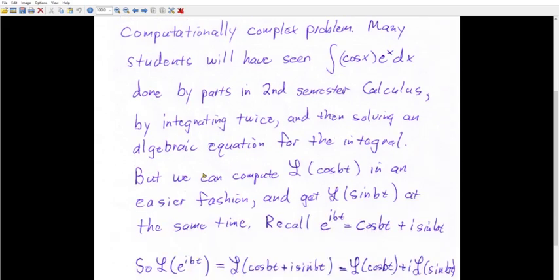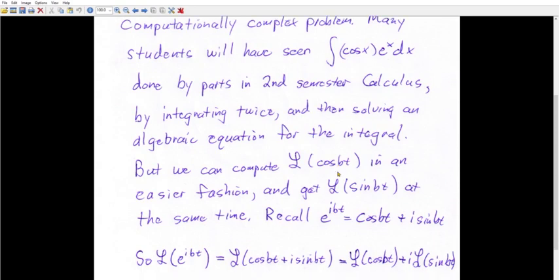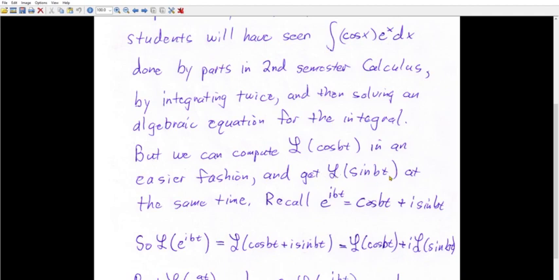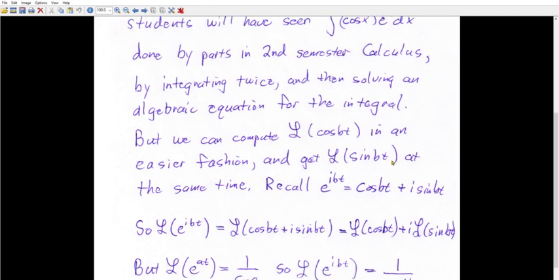Okay? But we actually can compute this in a much faster way, and in the process, we'll get the Laplace transform of the sine of bt along with it. And the trick is our complex number formula, Euler's formula.